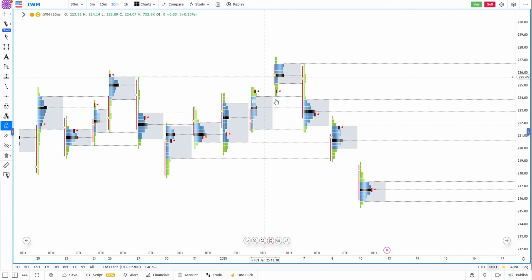I'm not sure why it's not staying, but here's the open. The open was 225.76. The close of that day was roughly 224.50. So this was actually a negative day. Even though the value of IWM has gone up from the 3rd to the 6th, price has actually dropped.